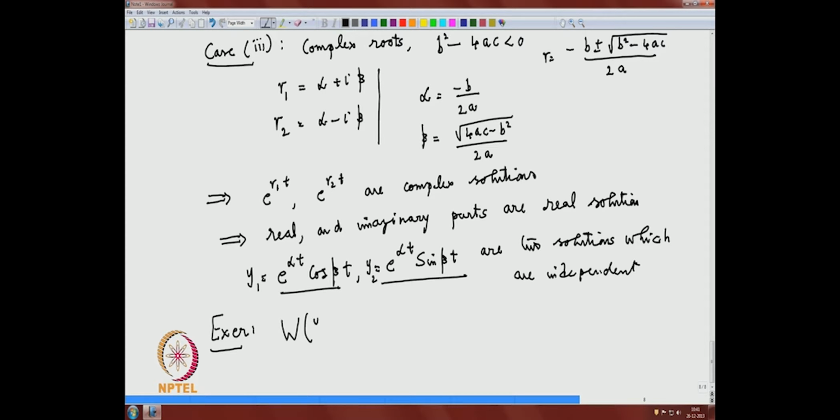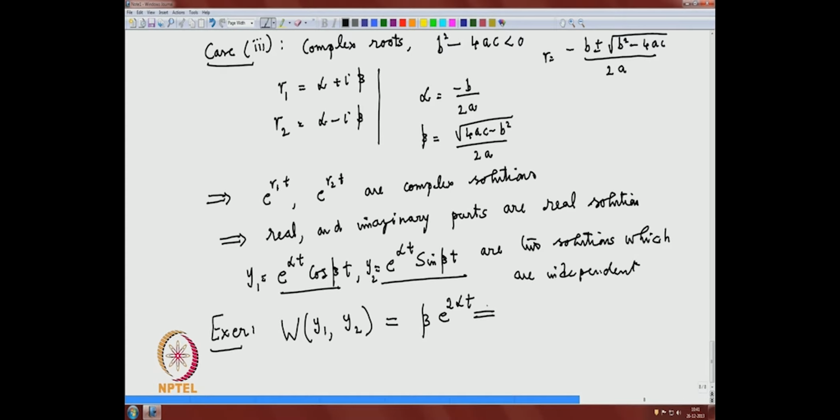You compute the Wronskian W of y1, y2, and you get beta times e^(2 alpha t), since you can just compute y1 y2 prime and y2 y1 prime.